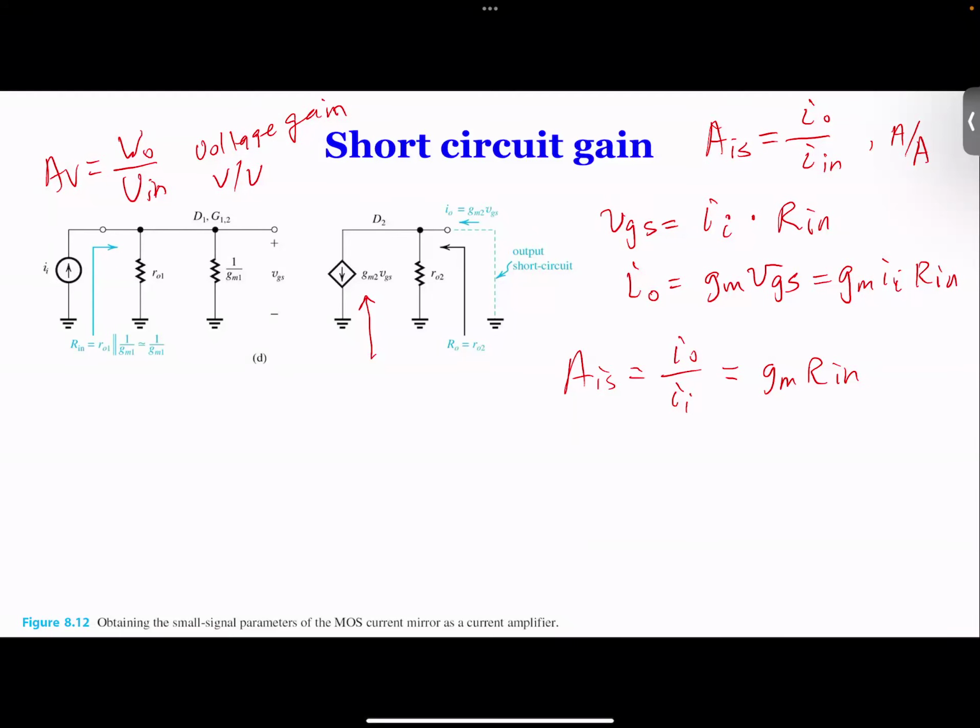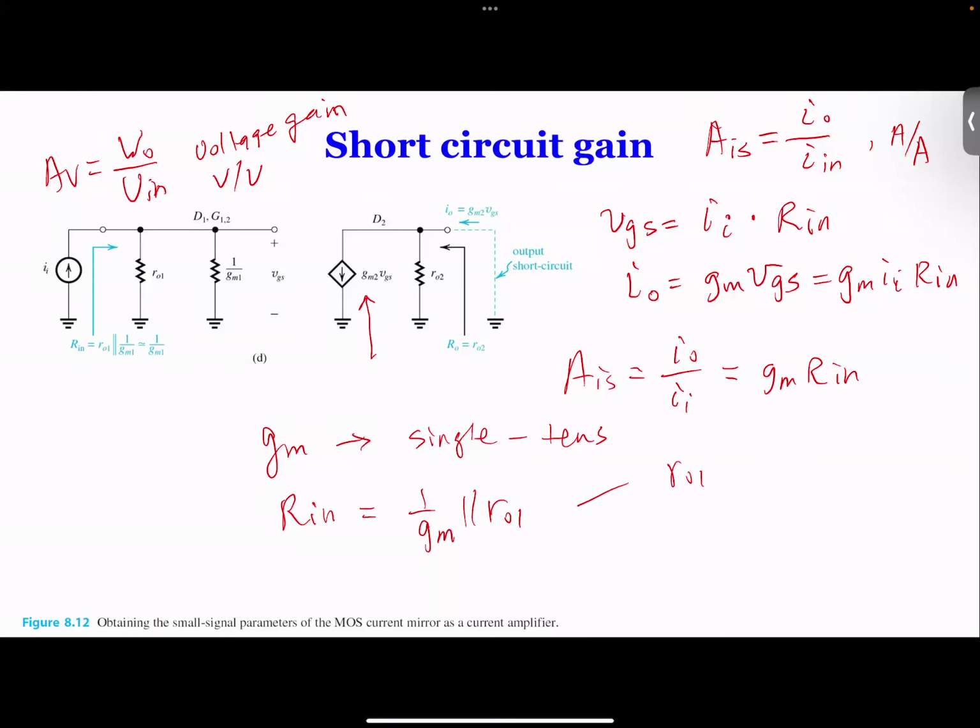Now, usually this GM is in single digits to like tens. Most of the time it's like 1, 2, maybe even less than 1 or maybe 10, so depending on the circuit. And then this R in, as previous slide, we know that R in is 1 over GM in parallel with RO1.